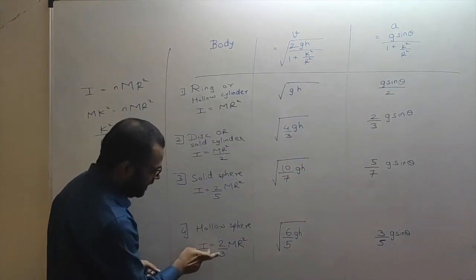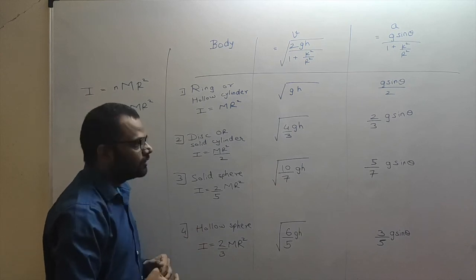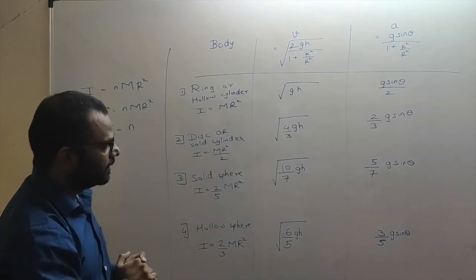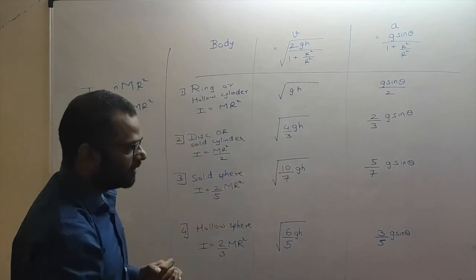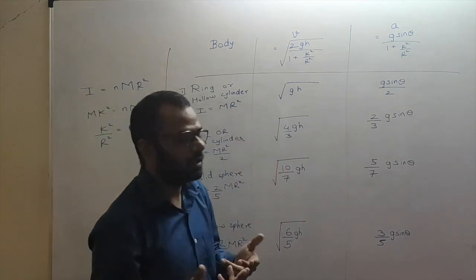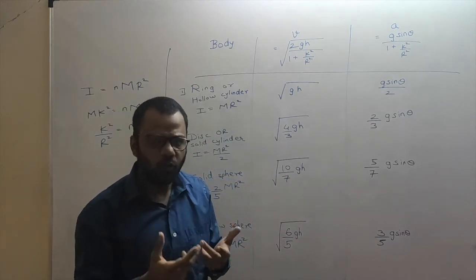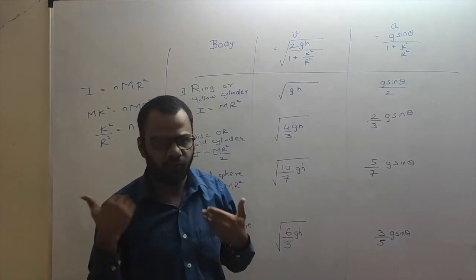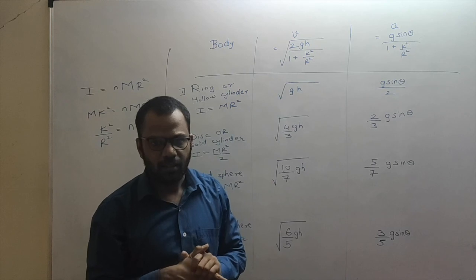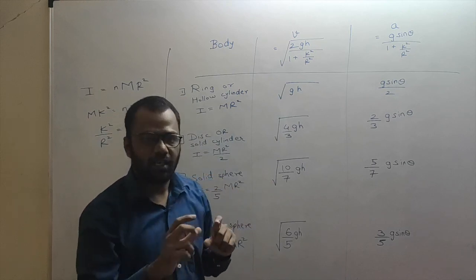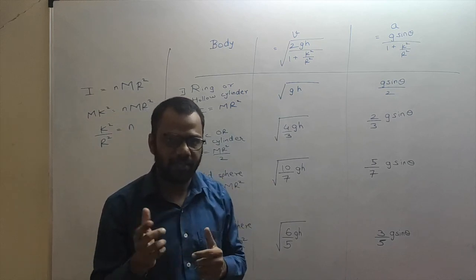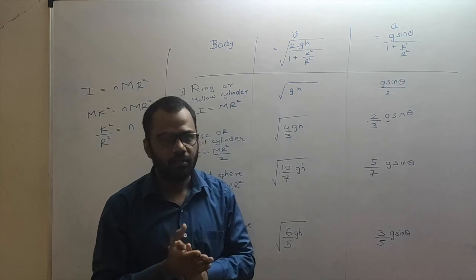Similarly in this case n will be 2 by 3. So in this way you can remember each and every formula, but of course you should remember this as well as this formula. Even if you don't remember, it is very easy to derive it as we have just discussed. But remembering the formulas is essential because that saves your time in exam.